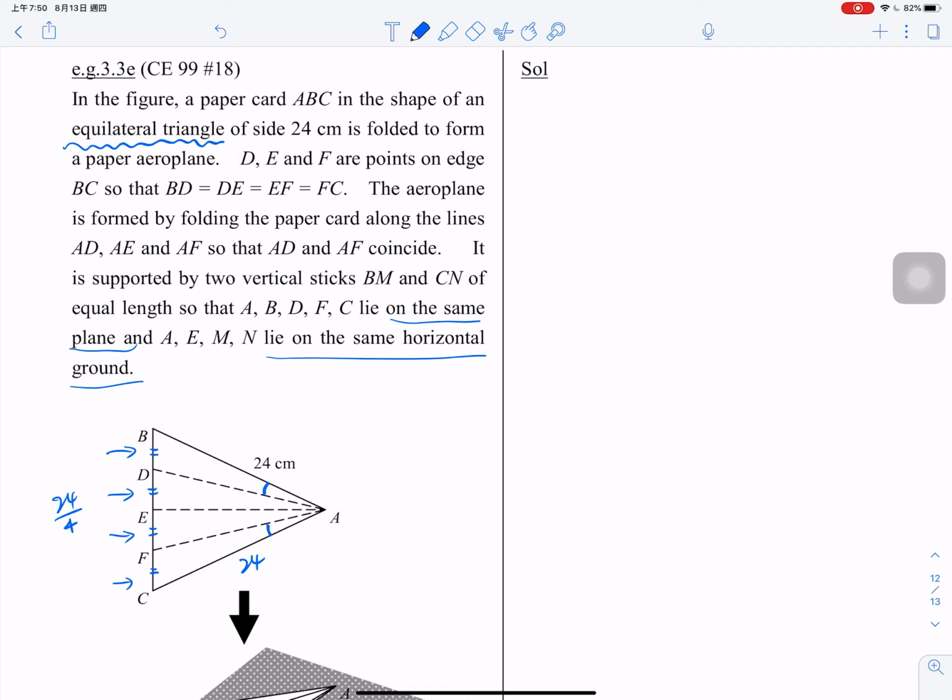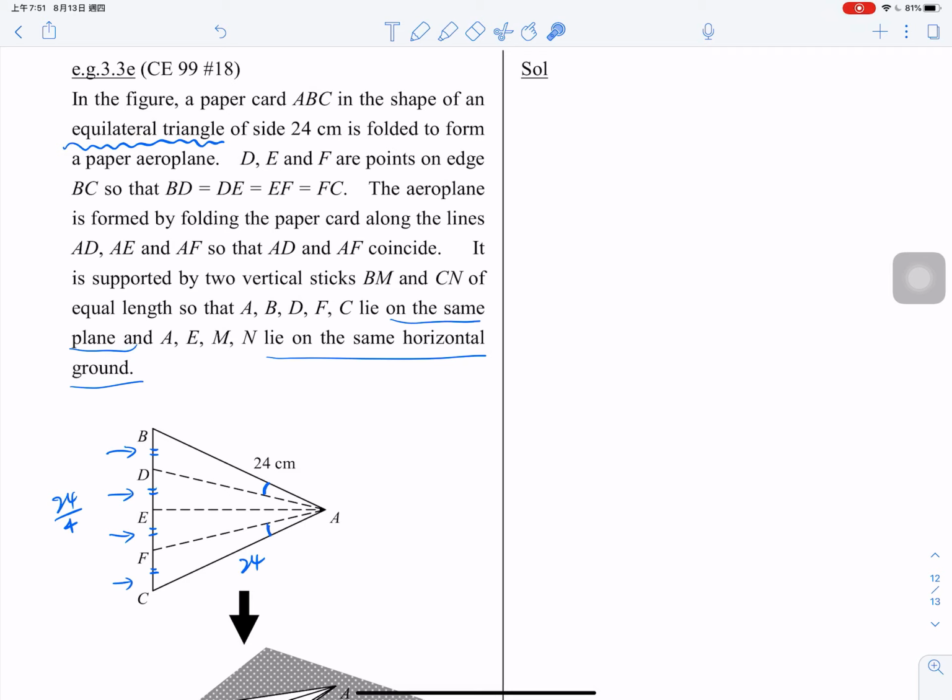Remember these 4 parts, we need to make all these 4 lengths equal: BD, DE, EF, FC. So you can fold up and make this paper airplane.